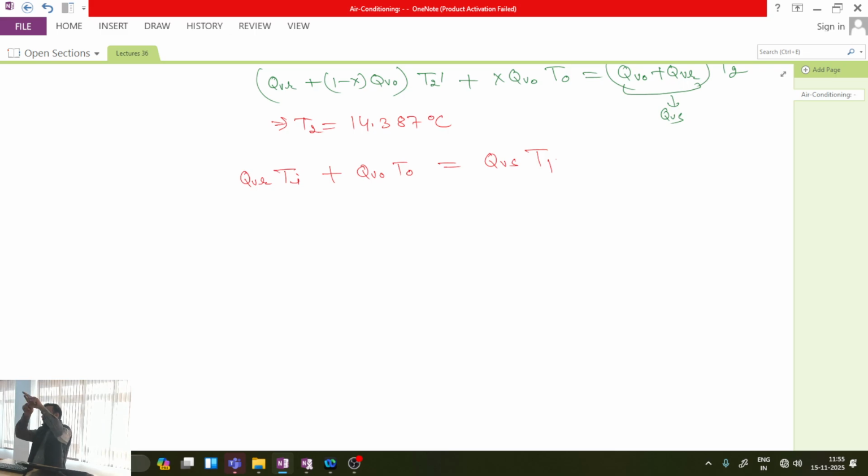Inlet of cooling coil, what typically happens? Recirculated air QVR comes at temperature Ti, QV naught comes at T naught, and both first mix together. Once these mix together, they lead to the entire volume QVS with state 1. Okay, how much is T1? Please tell me quickly.